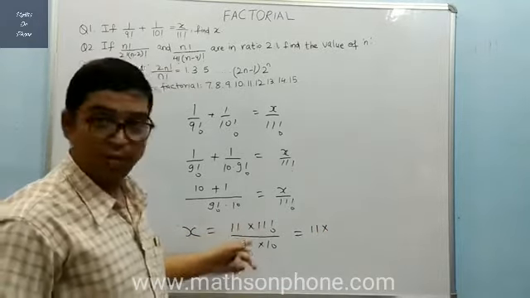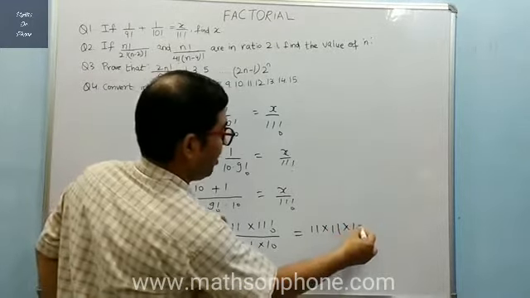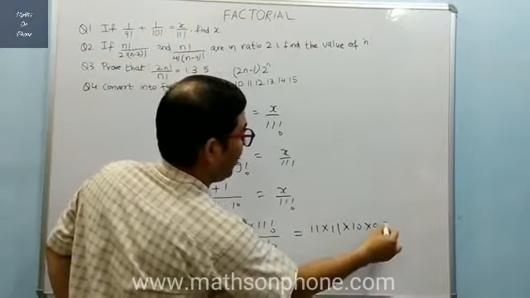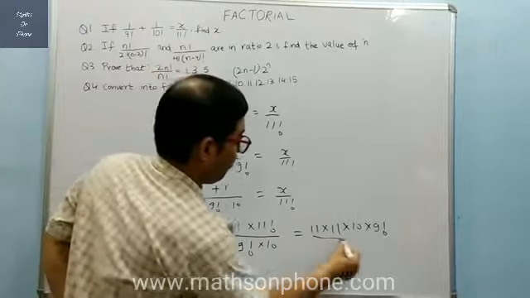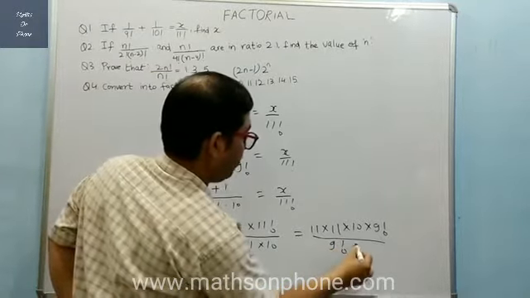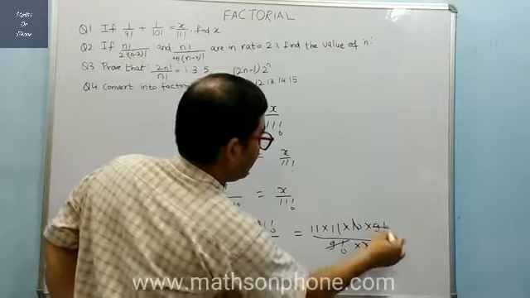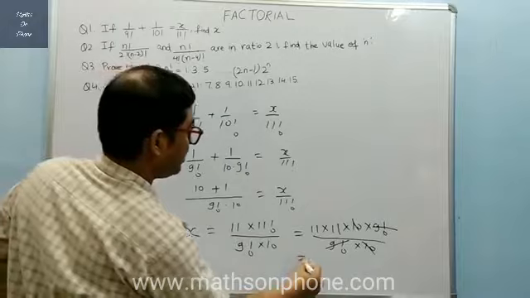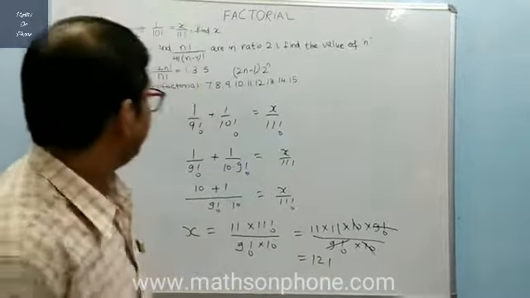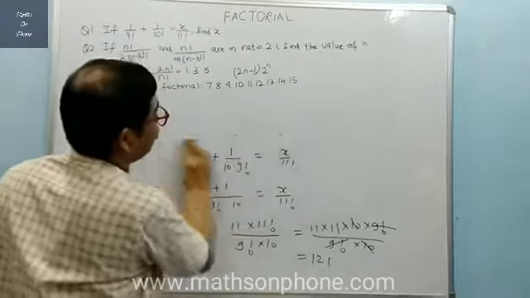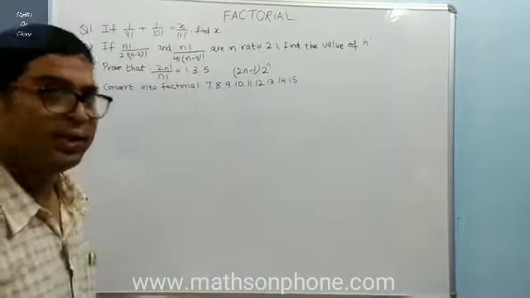So I have to break this one. So if I just break, I can write 11 into 10 into 9 factorial. I will stop here because in the denominator 9 factorial is there. So 9 factorial into 10. This 10 is getting cancelled out. 9 factorial is cancelled out. So what is the answer? 121. So you are understanding this thing, how to make the application of factorial things.